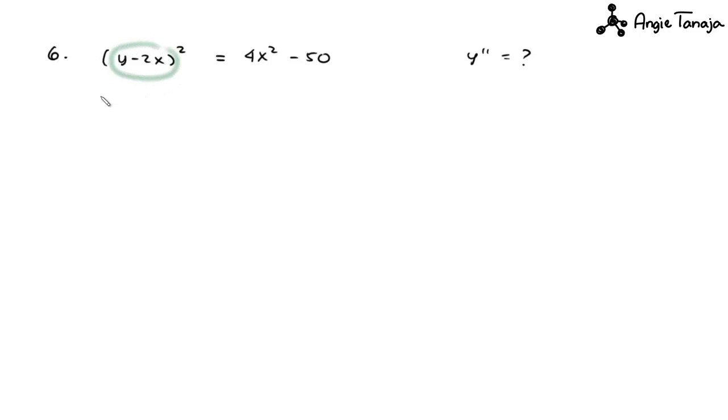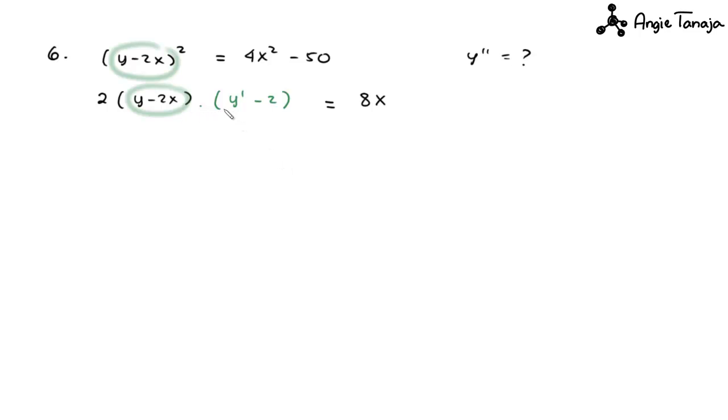Just think of like 2 times the chain times with the derivative of this chain, right, which is y prime minus 2. That's all. Equals 8x, 0. Okay.